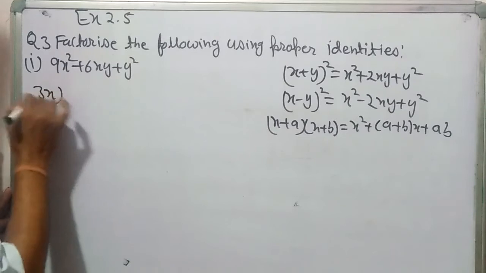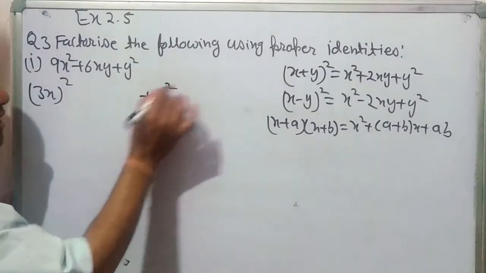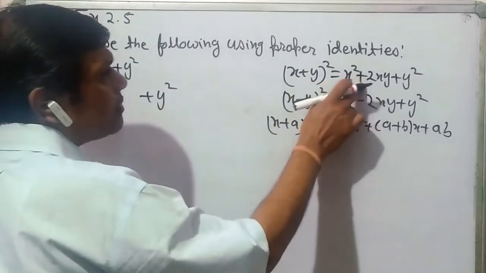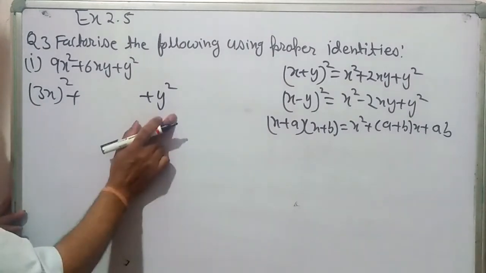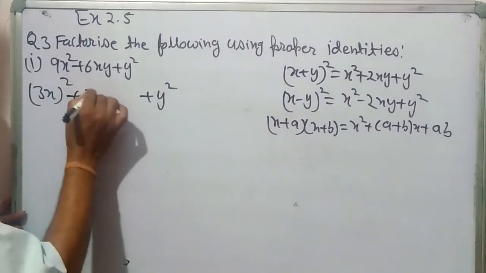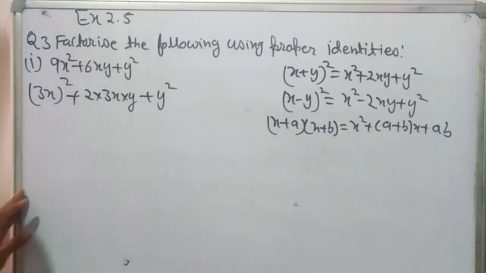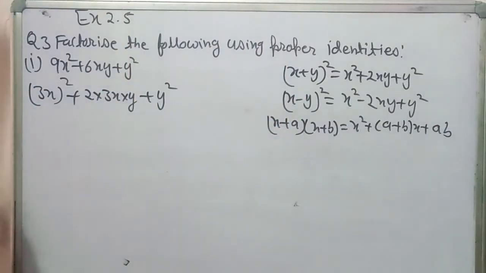We have 9x square as (3x) square, and y square. The middle term is 2xy. What is x? 3x. What is y? y only. So it should be 2 into 3x into y. Is it of the same form, x square plus 2xy plus y square?